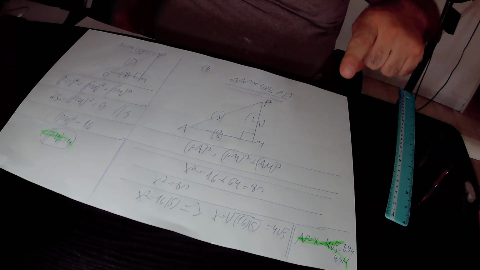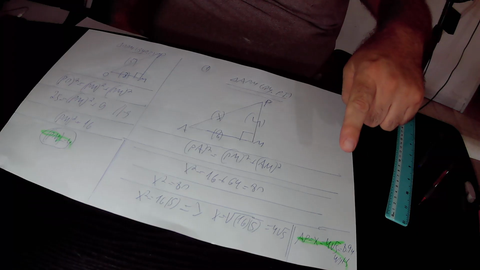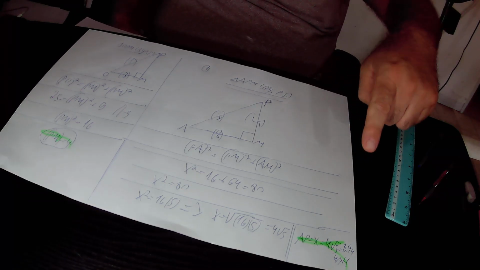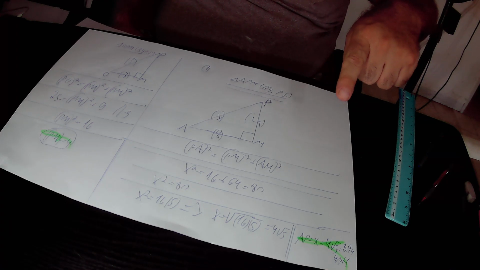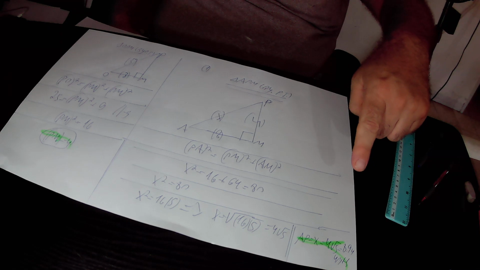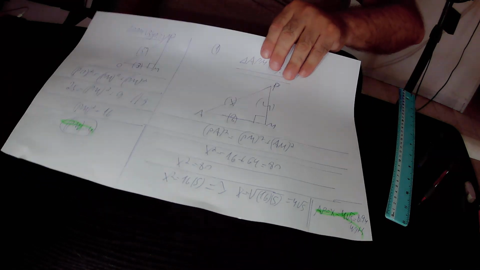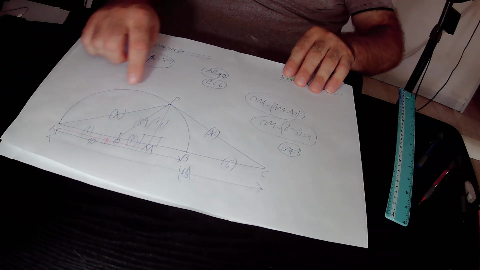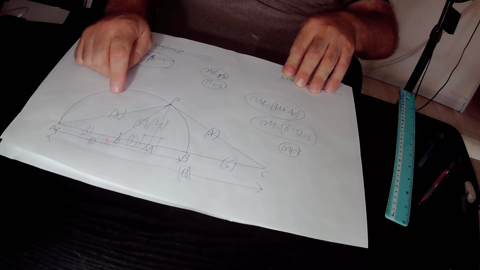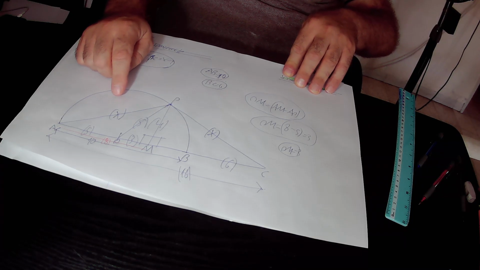So we found in both methods that AP equals x, which equals 4 times square root of 5 units, or in terms of numbers, 8.94 units in length.